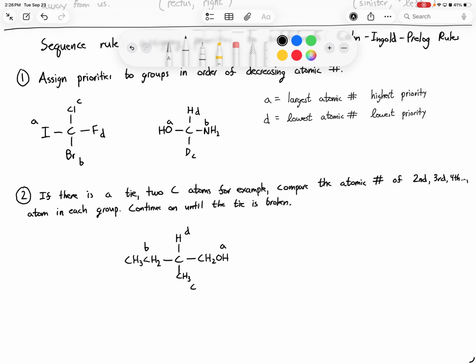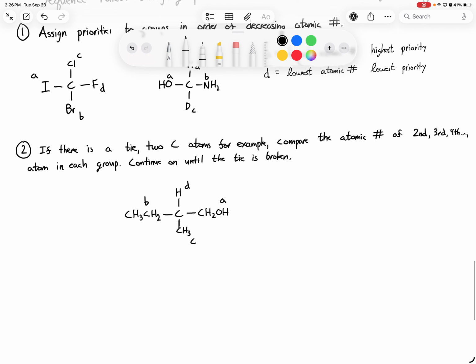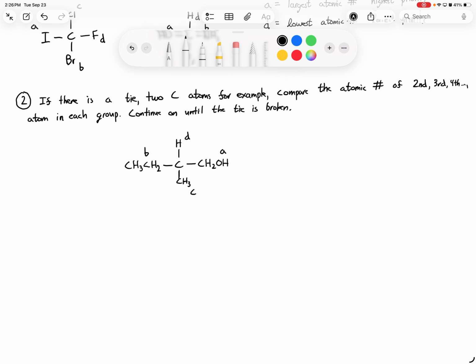Okay. All right, so now we have to talk about double bonds and triple bonds. It's a little complicated in this priority system we have here. So let's go to rule number 3. And that's it. There's only 3 rules.